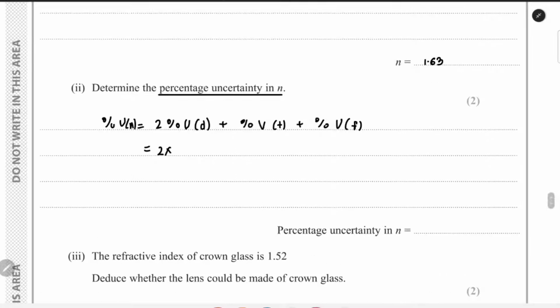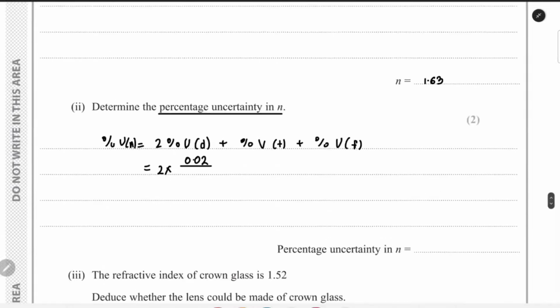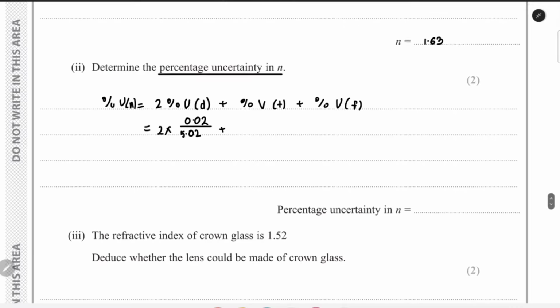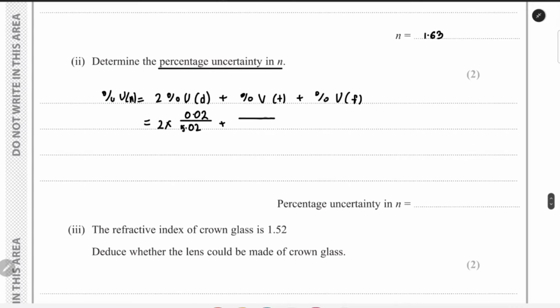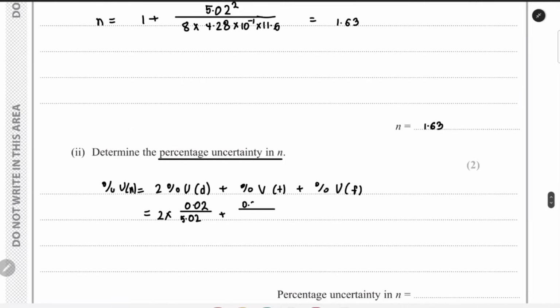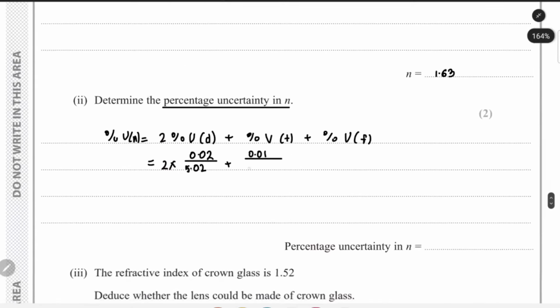So 2 into 0.02 divided by 5.02 plus 0.01 divided by 4.28 plus 0.2 by 11.6, everything multiplied by 100%.